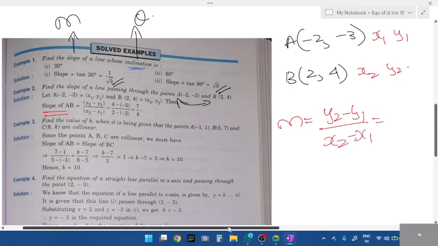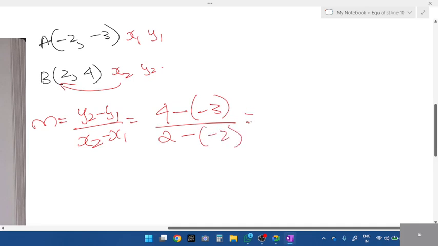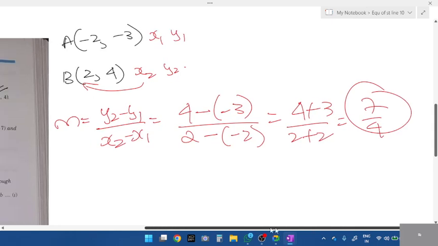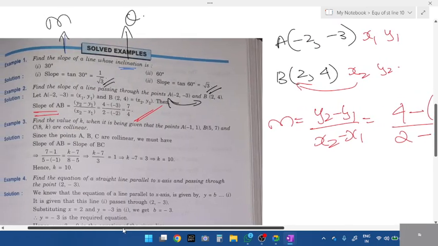Can you see the calculation? Ignore that. Look at this and tell me, students. What is Y2? 4 minus, what is Y1? 3. What is X2? 2, minus, what is X1? Minus 2. So 4 plus 3 over 2 plus 2. What's the answer? Is it correct? Respond, students, is it correct?